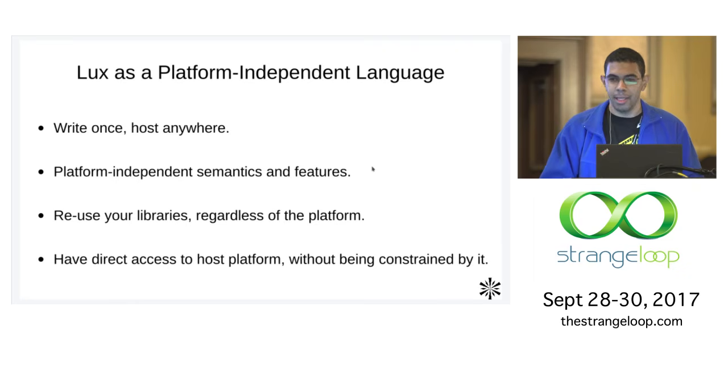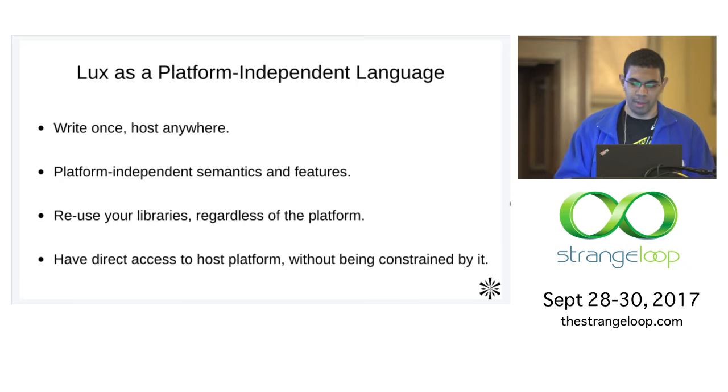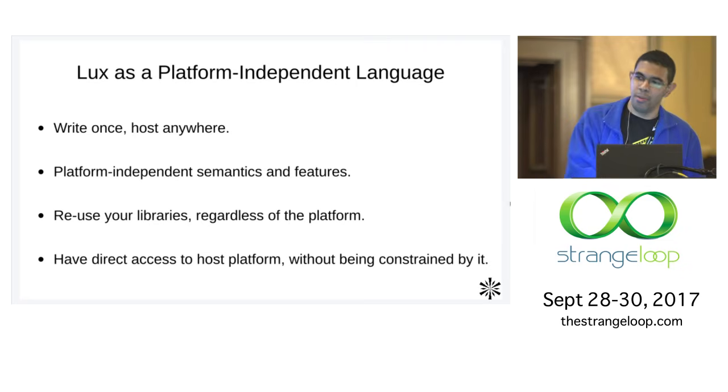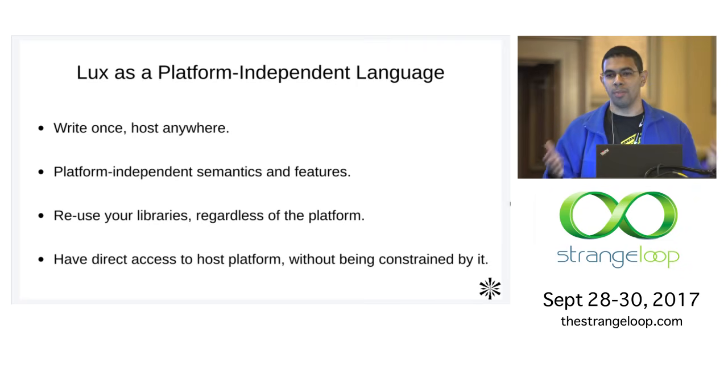But a mistake that they always made is that the fundamental semantics of the language got tied up very early on to the first platform where they started. So maybe the semantics of the language is dependent on the JVM or dependent on JavaScript. And what that does is that later, when they want to migrate the language to somewhere else, either they have to replicate the semantics of the host platform somewhere else, which is obviously not always possible, or they basically tell you, hey, this feature, we cannot replicate it somewhere else, so I'm sorry.